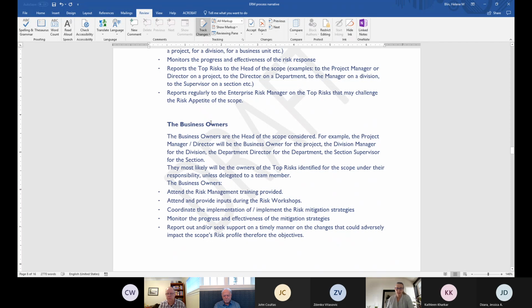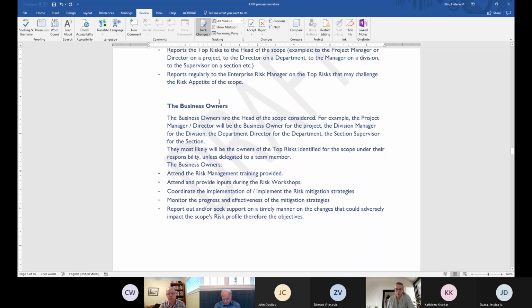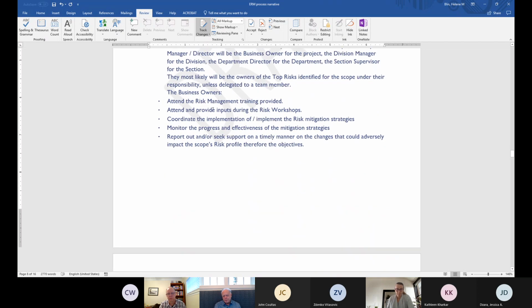But the business owners at the end of the day are going to be the ones to implement whatever plan, and I call those plans mini projects, to address those risks. And they are accountable. They are responsible for doing that.